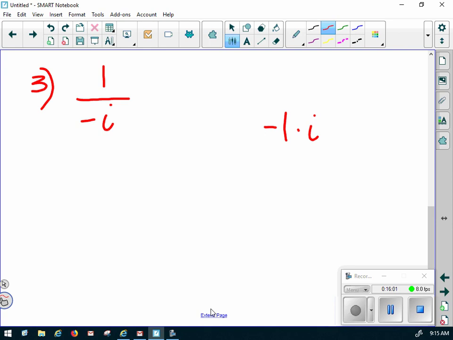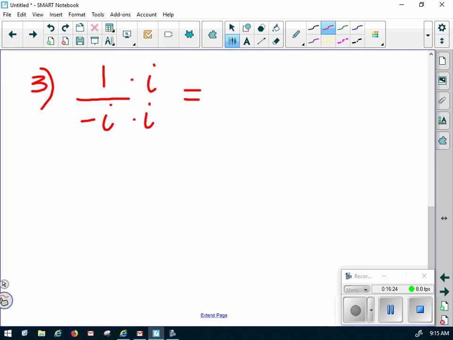What do you need to multiply by, top and bottom? Just by i. What's the numerator?